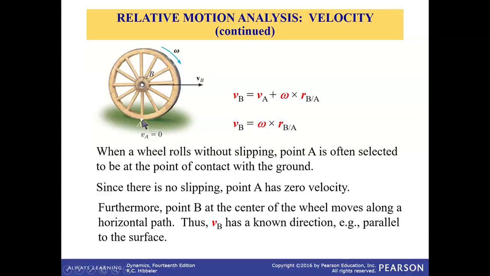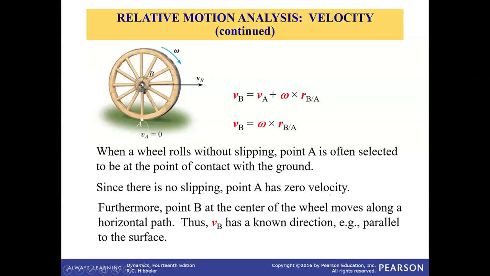That means velocity of point A must be the same for both wheel and the ground. And ground does not move, so the velocity of ground is 0, and so is the velocity of this point. So even though the wheel rotates, at the given instant, at this second of time only, A does not move as long as A is in contact with the ground. So velocity of A is 0. Since there is no slipping, point A has 0 velocity. So that's what we have discussed.